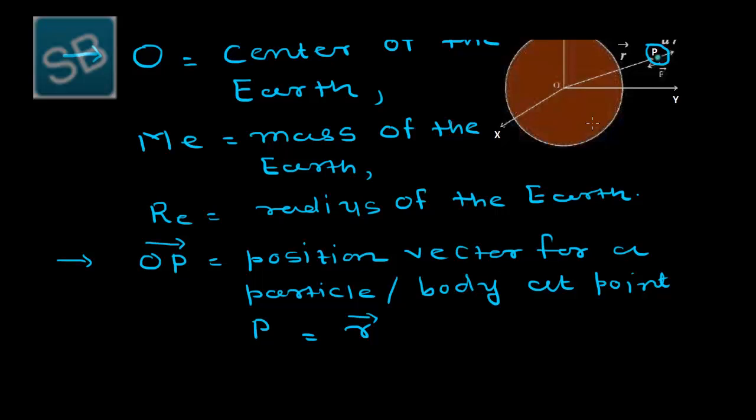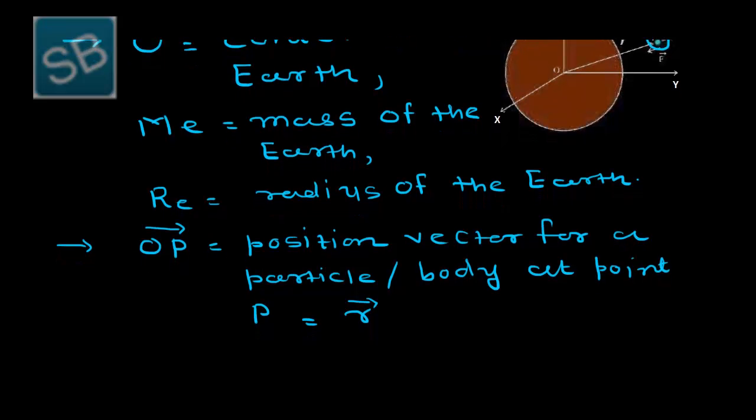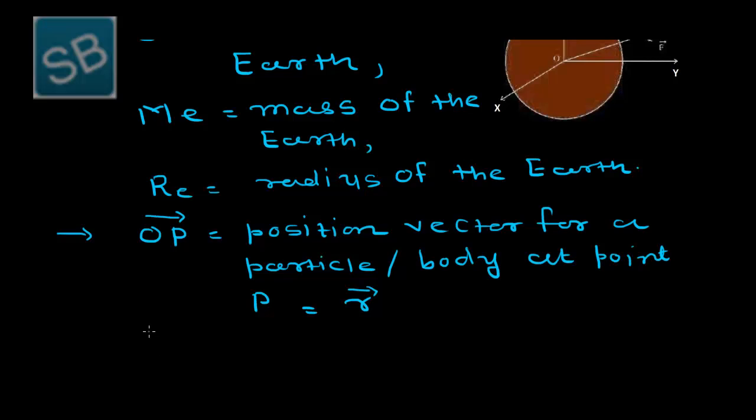Here, if you find out the magnitude of this position vector, then you will get the distance, and this distance means modulus of r, that is equal to small r. It is greater than radius of the Earth, or it might be equal to the radius of the Earth.